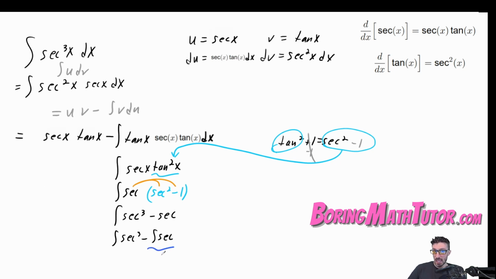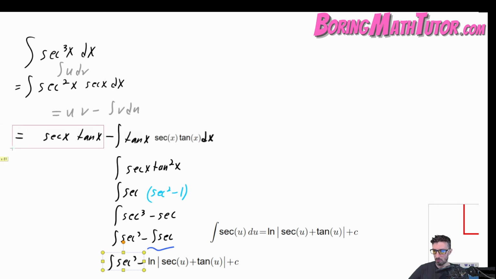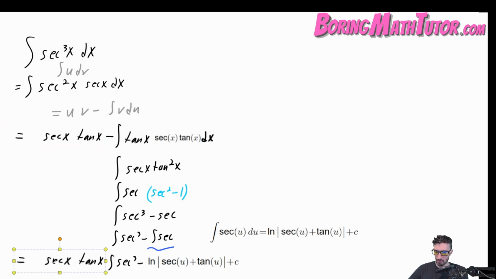Now, integral of secant, we actually do have a formula for that. It's right here, so we can just pop in the right side of that right there. But then we still need all of this. And let's not forget that we also needed all of this. And there was a minus sign right here. Now that minus sign needs to come down here, but remember, we're minusing what? We're minusing this, which is equal to this.